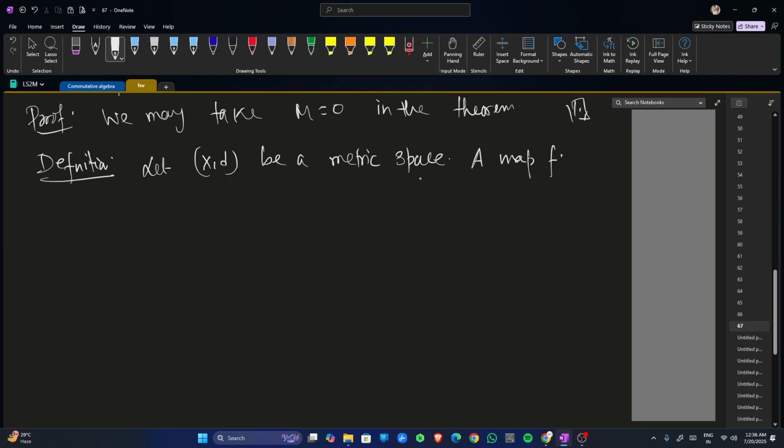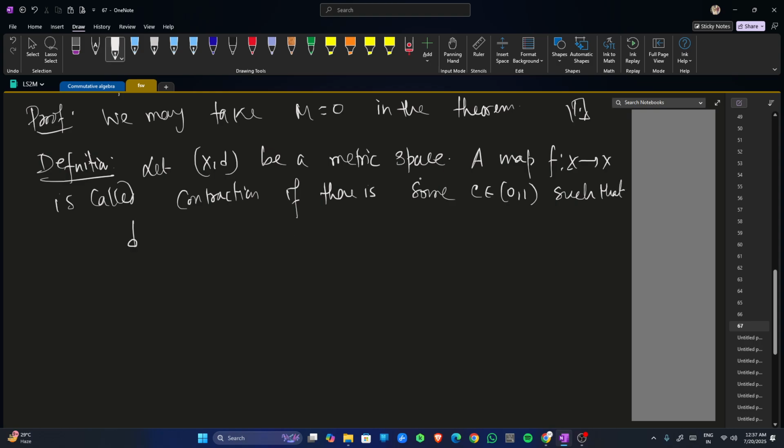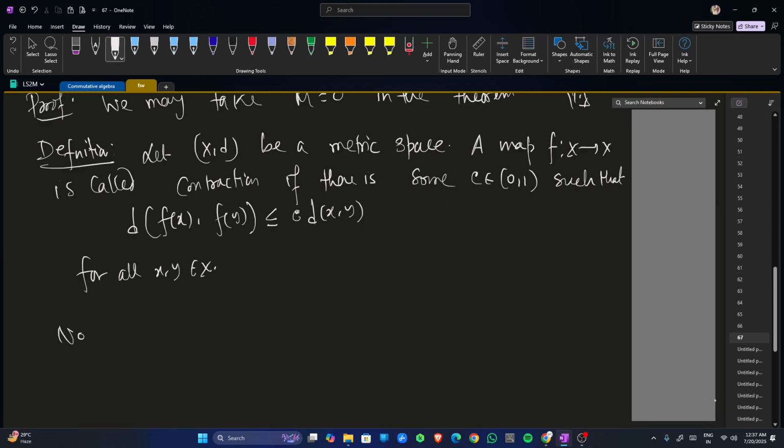A map f from X to X is called a contraction if there is some c in [0,1) such that d of f(x), f(y) is less than or equal to c times d of x, y for all x, y in X. Note that a contraction map is uniformly continuous.